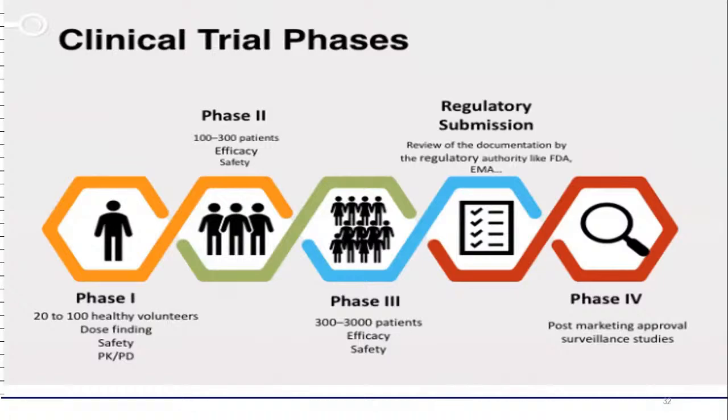There are various parts of phase 4 like pharmacovigilance and pharmacoepidemiology studies. And there are many other things which we do in the post marketing stage, but we will try to limit our knowledge to this phase mainly.